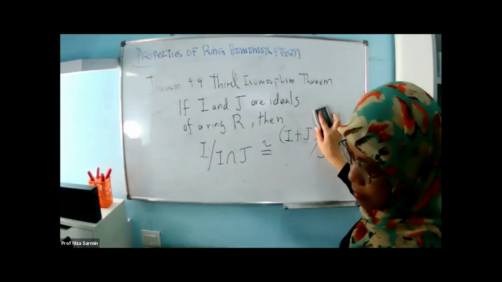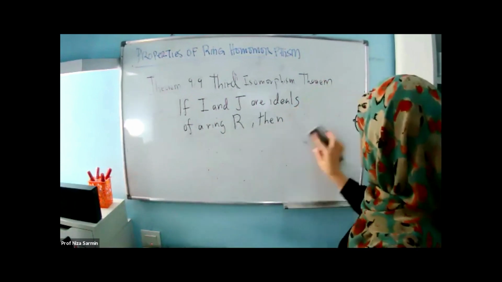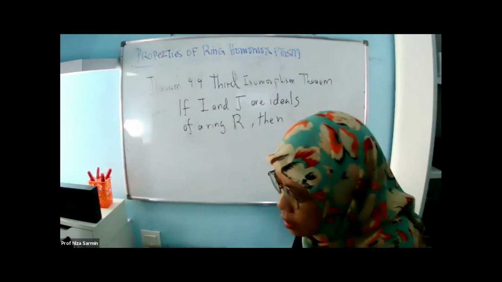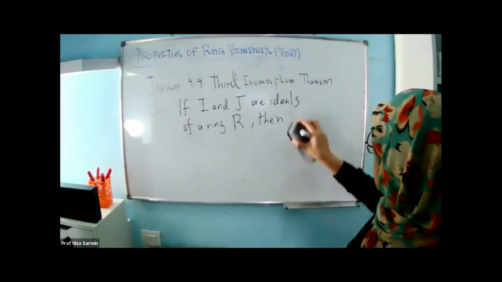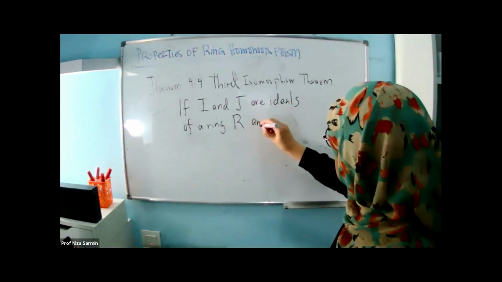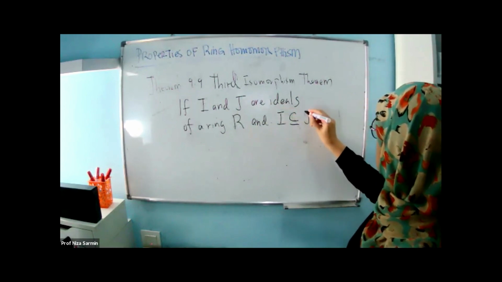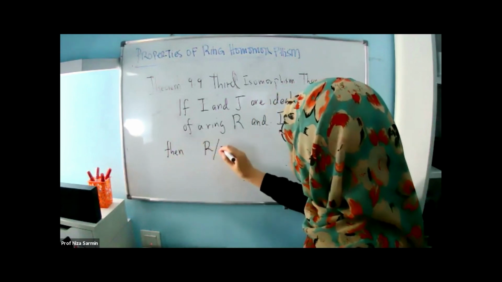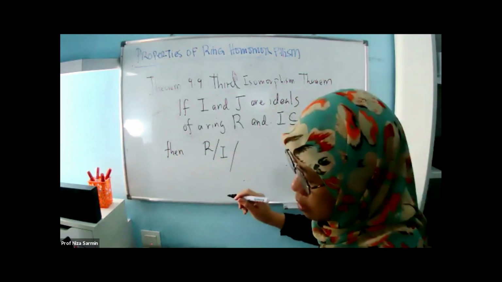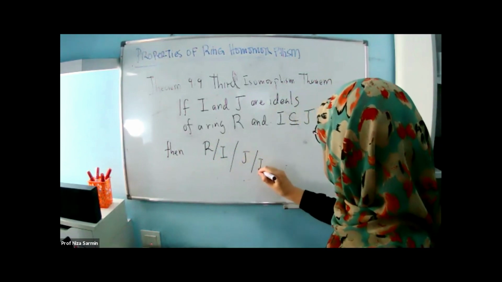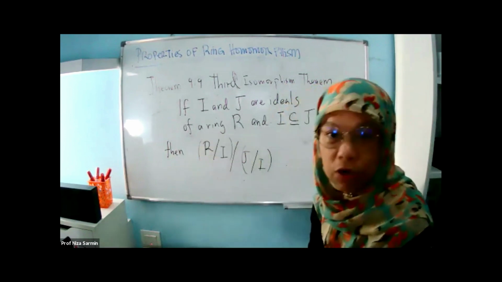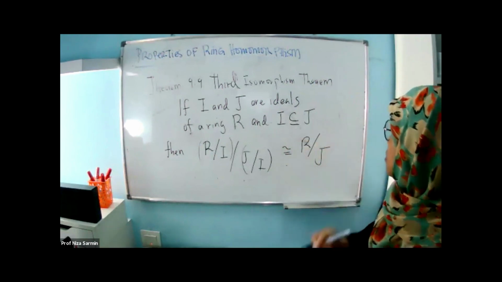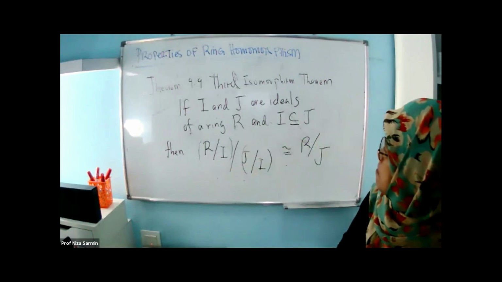If I and J are ideals of a ring R, we need to have I a subset of J, then R mod I, mod J mod I, the quotient of the quotient ring, is isomorphic to R mod J. We want this.